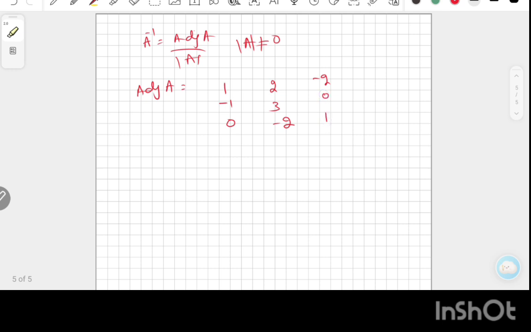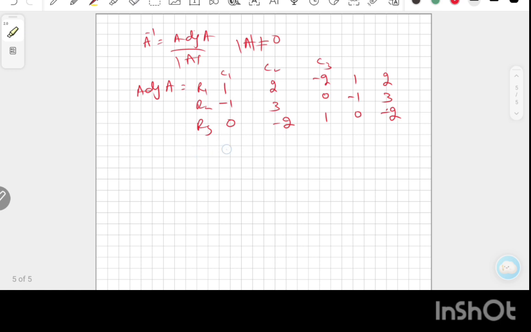Okay, dear friend, now this is column 1, column 2, column 3, row 1, row 2 and row 3. So column 1 we have to write as 1 minus 1 0, column 2 we write as 2 3 and minus 2, and here we have to write column 1, row 1 and row 2.